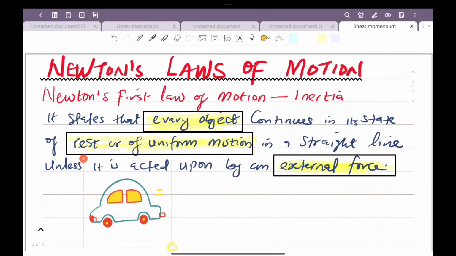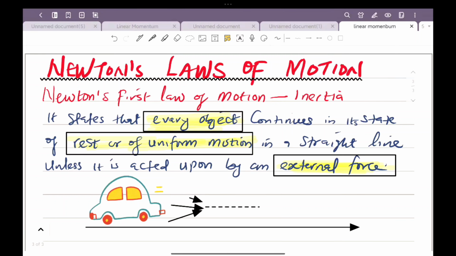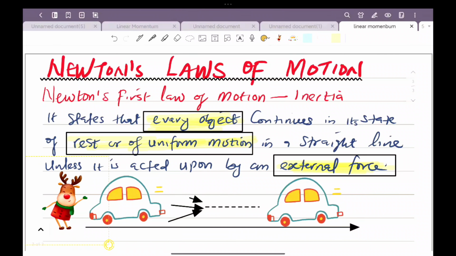Now let's assume that this object is the car here. This car is currently at rest and is about to move in a straight line. For this car to change its position across this distance to the new position, we need to apply a force.